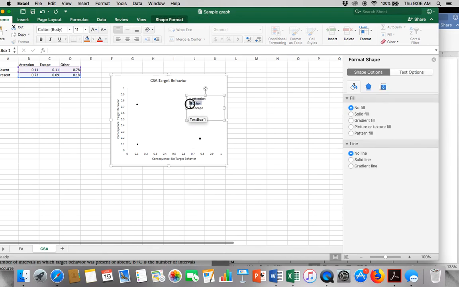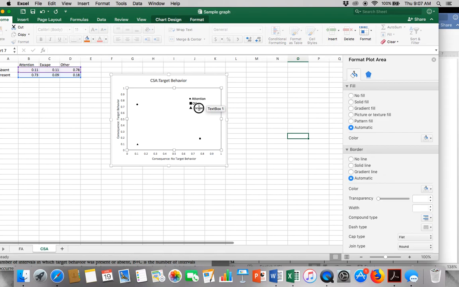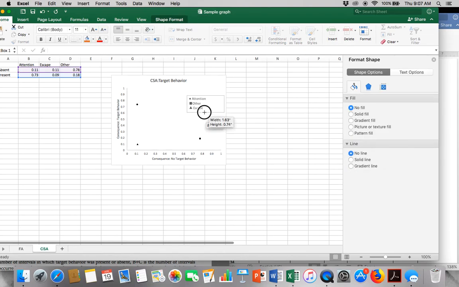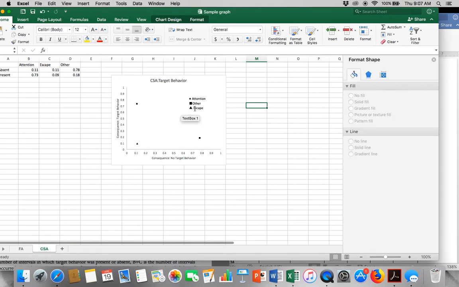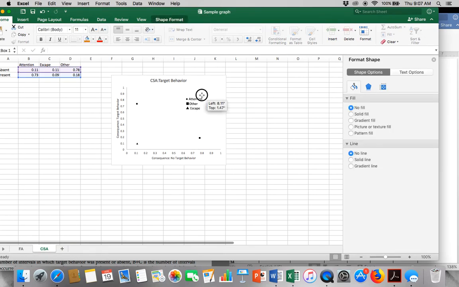You can also change the order. I like to put other last if possible, but for now, we'll just leave it like that. So there's your key. Okay. Let's move this over here for now.